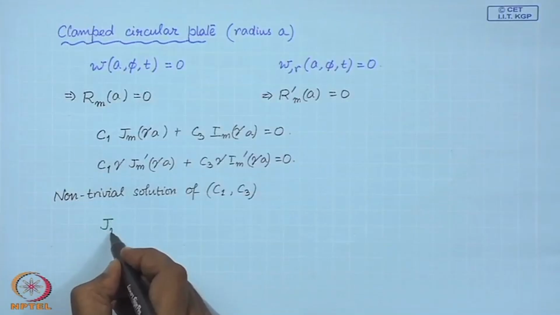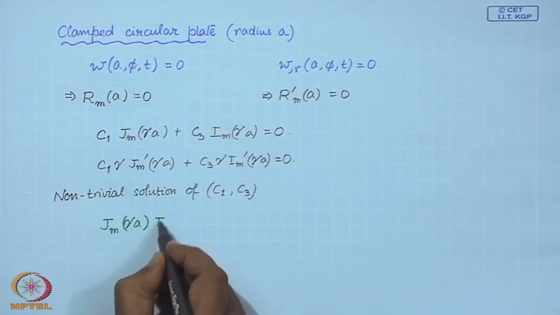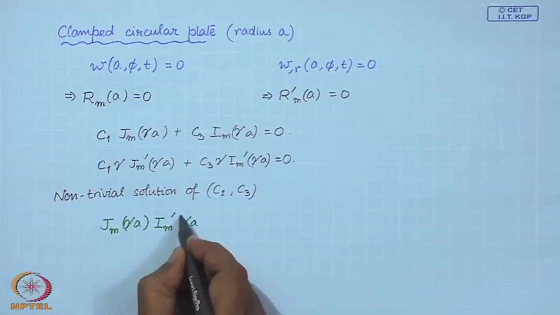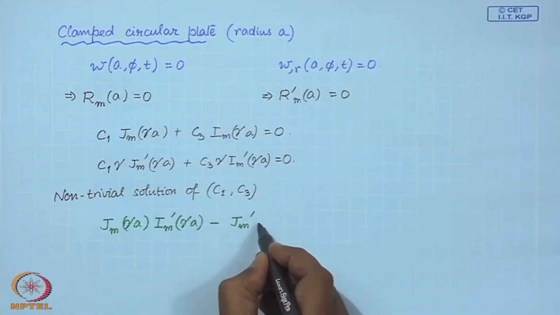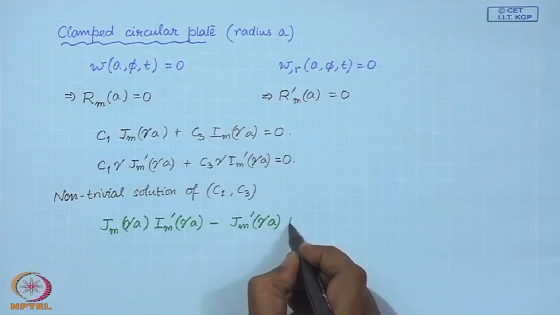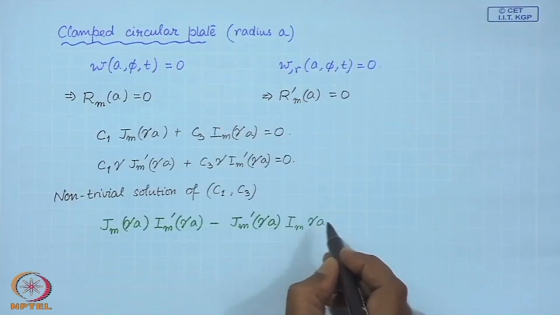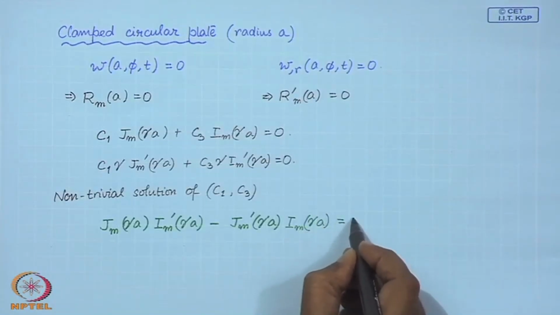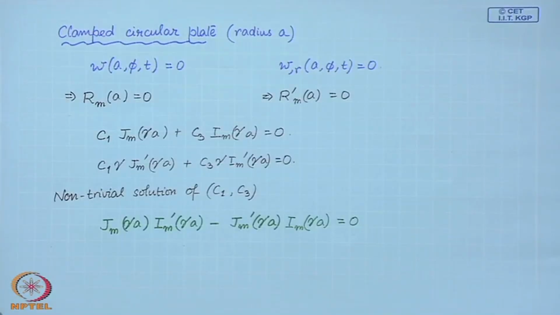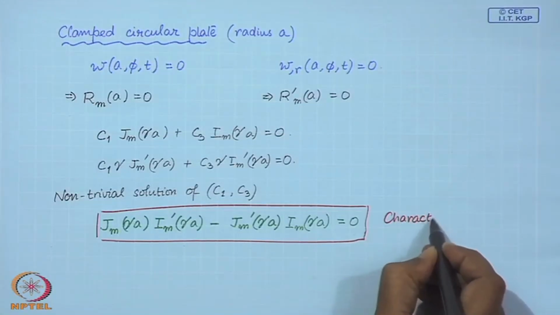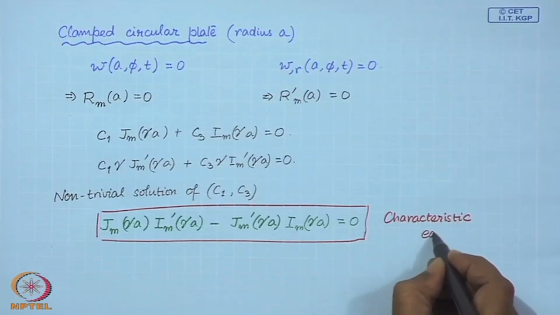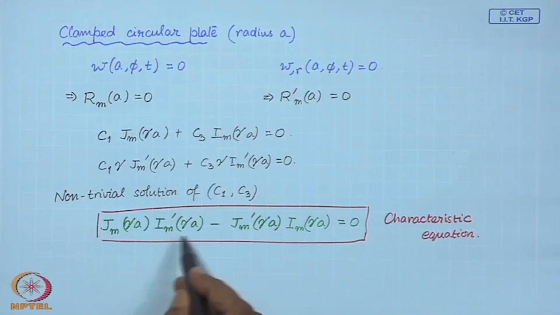So, that turns out to be, so this is our characteristic equation, from where we are going to solve for this gamma.